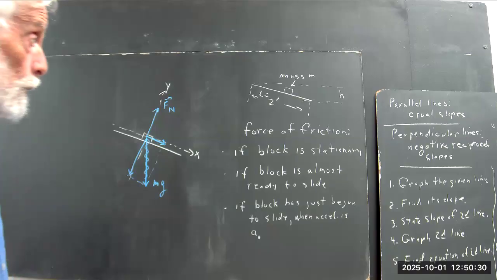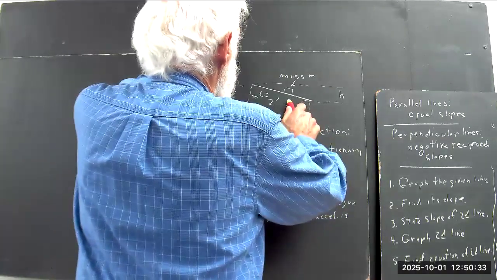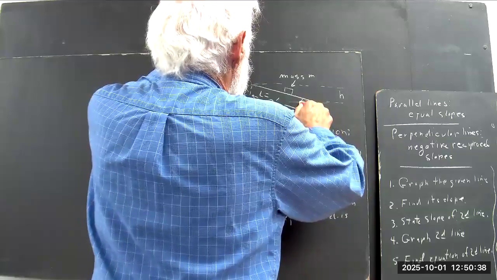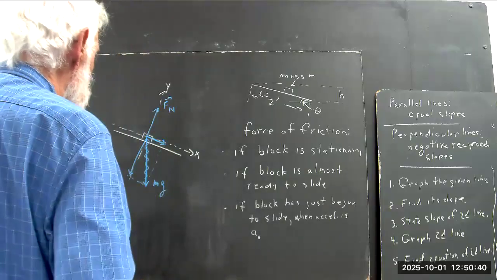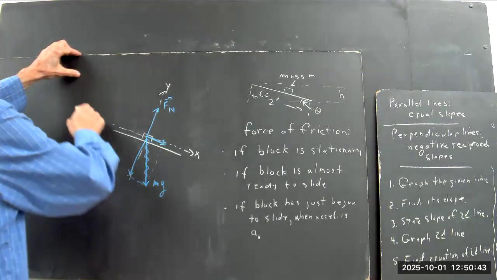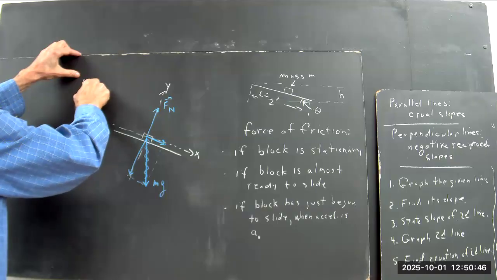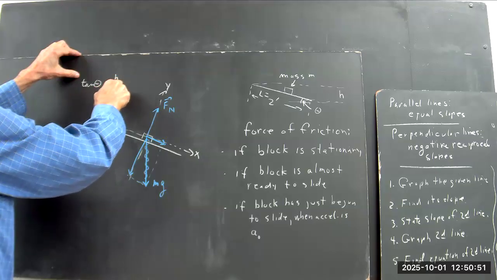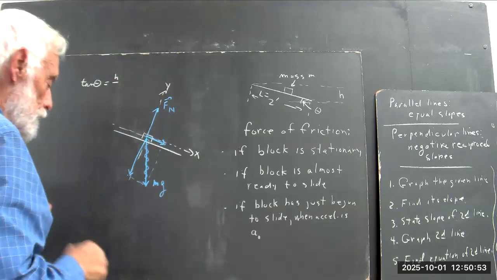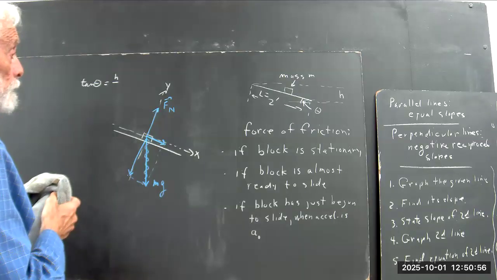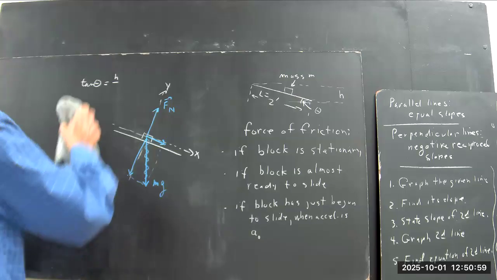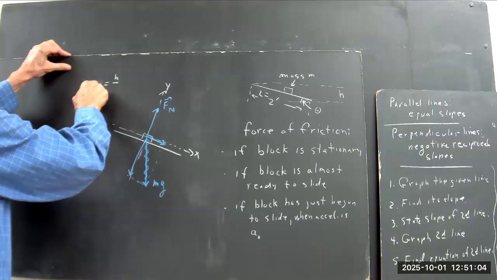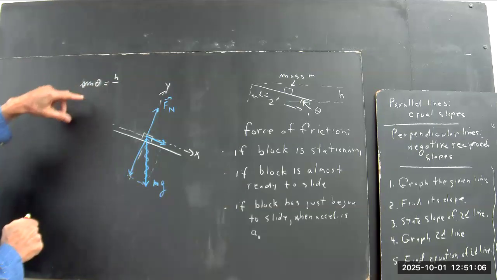Okay, so we're going to say theta is the angle in here. Tangent of theta equals, oh, sorry, you don't know the tangent. That's a sine there.